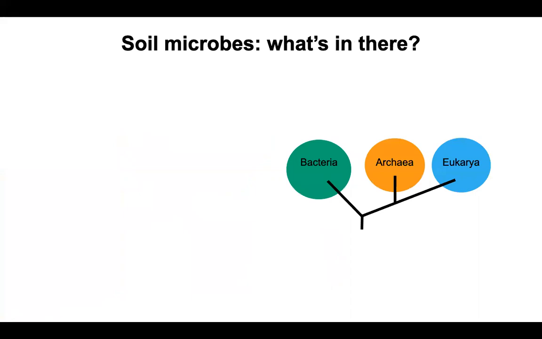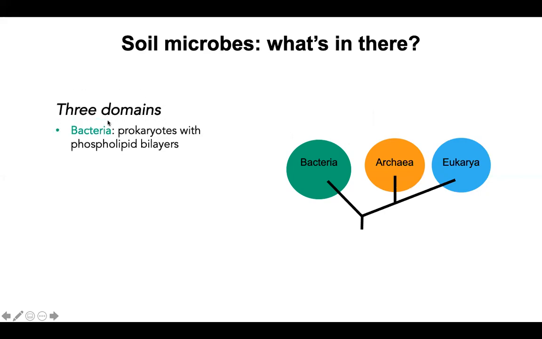But who's actually in there? Well, let's go back to the intro biology approach here. There are 3 domains of life, and these are all within soil. So we have bacteria, and again, bacteria, if you remember, are prokaryotes, single-celled organisms with phospholipid bilayers.